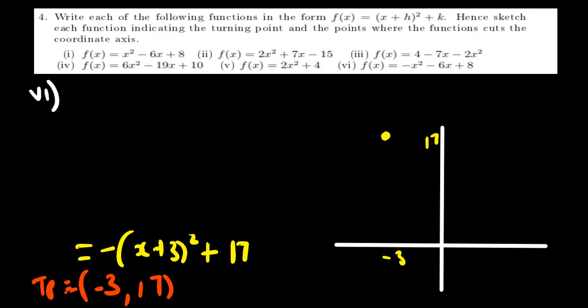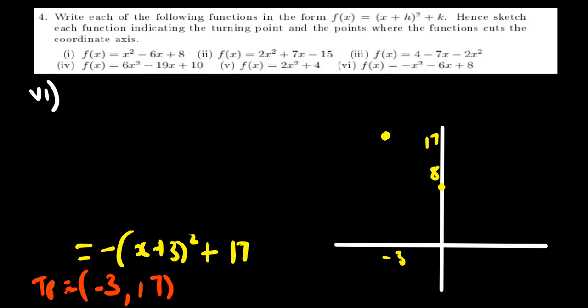We also have to find where it cuts the y-axis. When I set the whole expression, wherever there's x, I put 0, you realize that I only have an 8 at the end, right? So let's say our 8 is somewhere here.